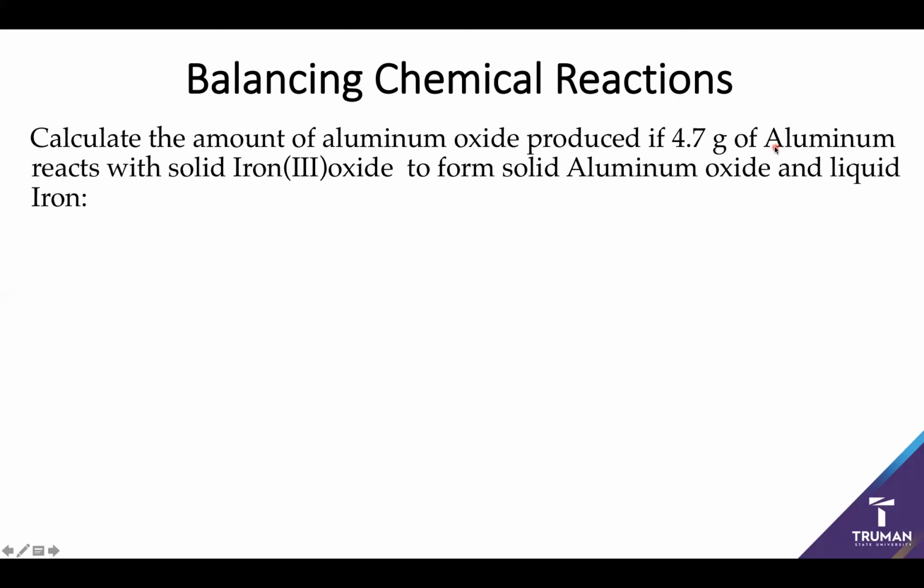So my reactants here are aluminum solid and iron oxide solid. Now, when we balance out the iron oxide, iron 3 oxide, we'll find out that it's Fe2O3. This is traditionally considered rust. And I end up producing aluminum oxide. Aluminum has a +3 charge, oxygen a -2, so it should be Al2O3, and liquid iron.